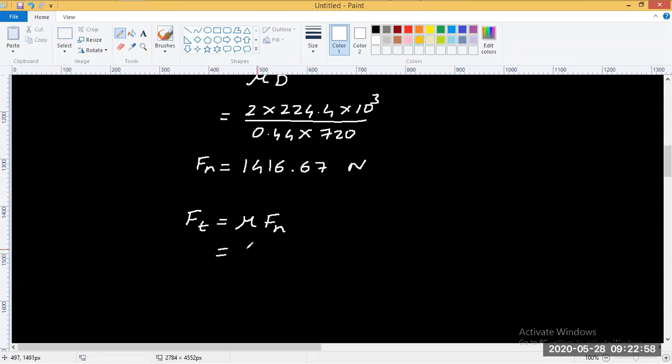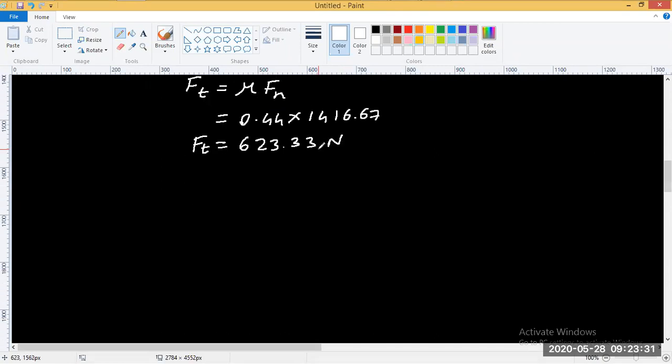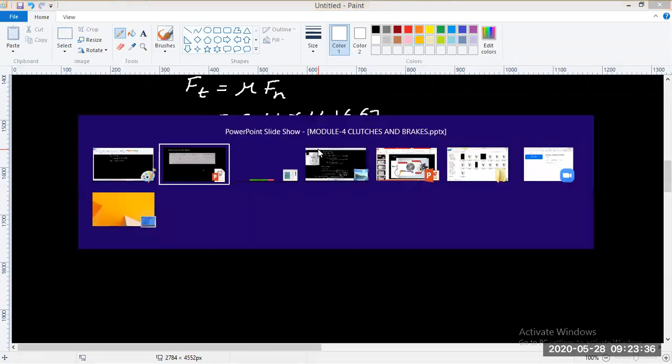Once you have this, Ft is 0.44 times the same value, 1416.67. So this is the tangential force, and we are getting around 623.33 newtons. This will be required for finding the actual force required for braking. So step 3 is done.